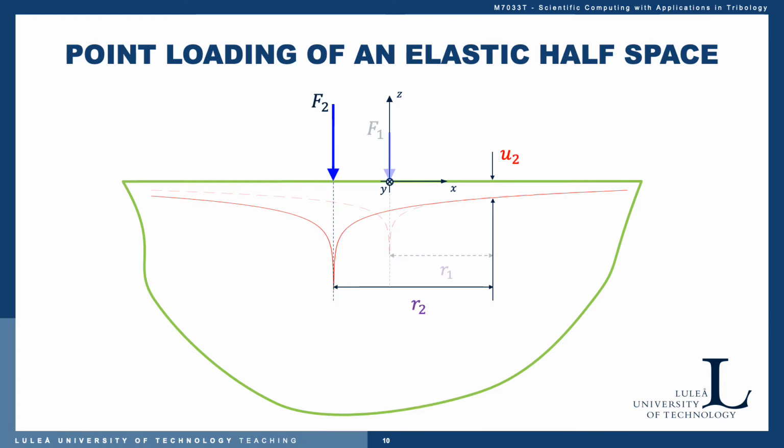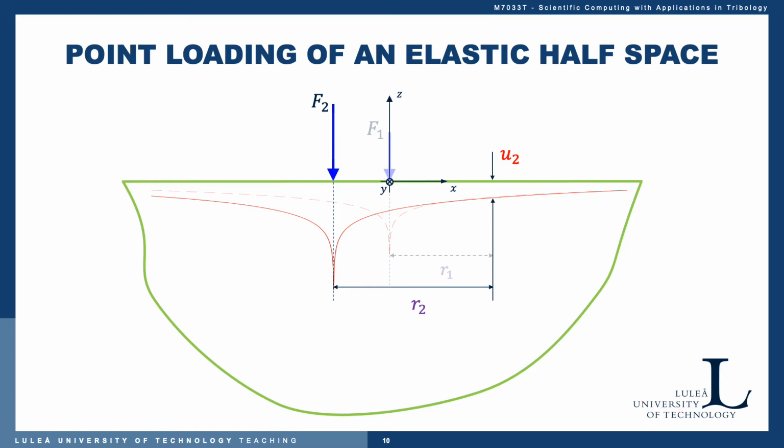Let's now assume that we apply another point force in this half space, F2. Then at the radius R2, which is actually ending up at the same place as R1 did, we will see a very similar deformation or magnitude of deformation U2 as we saw for the force F1, which gave rise to U1.